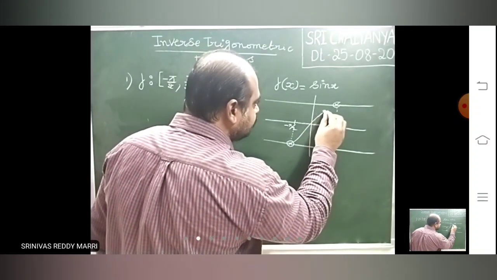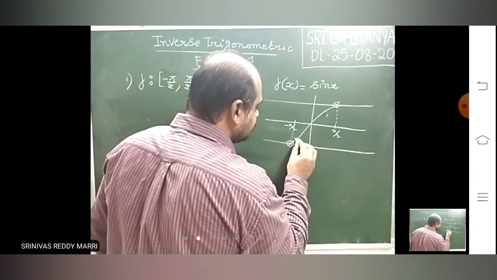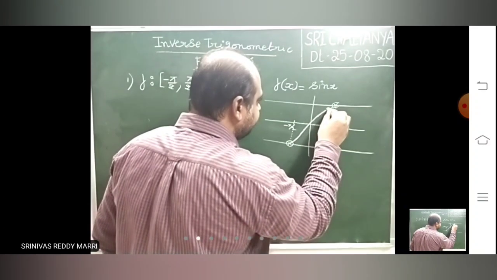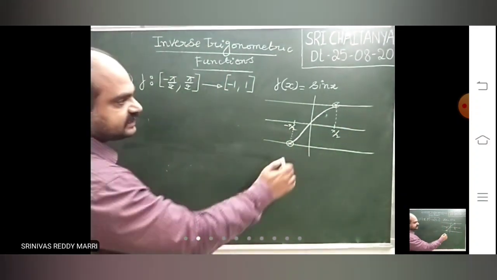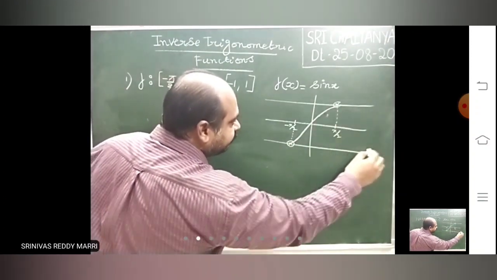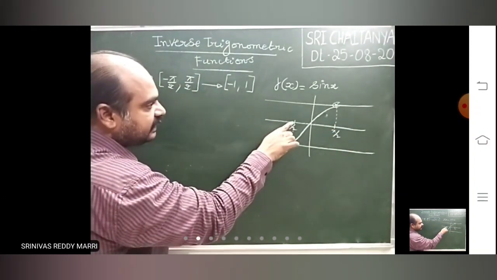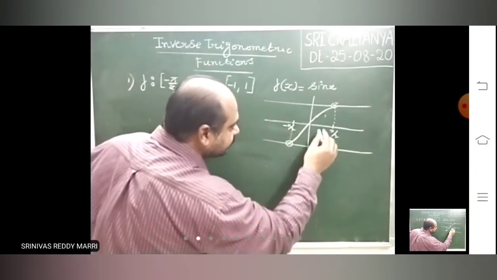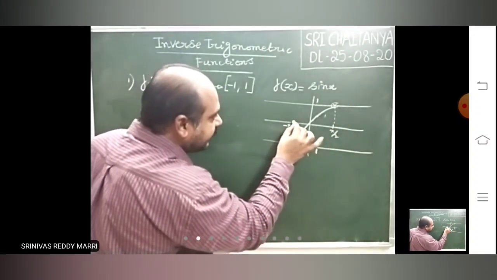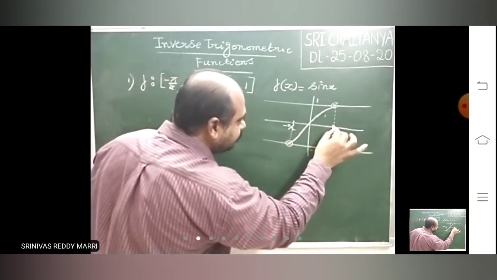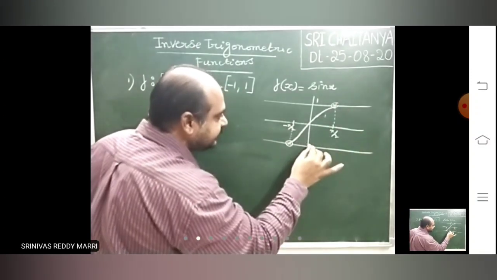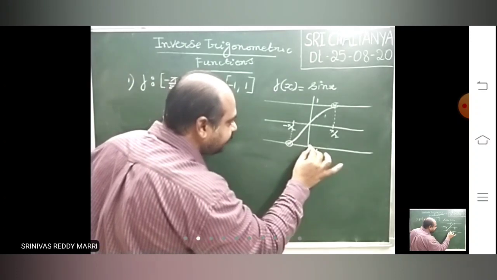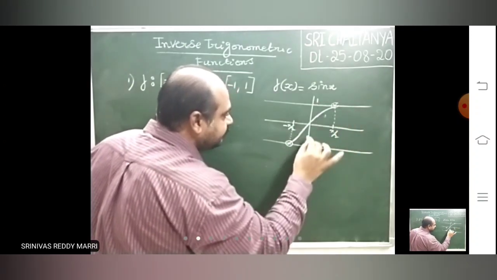Look at the graph, it is only from minus pi by 2 to pi by 2. If you look at the graph from minus pi by 2 to pi by 2, its range is from this point, minus 1, to this point, 1.